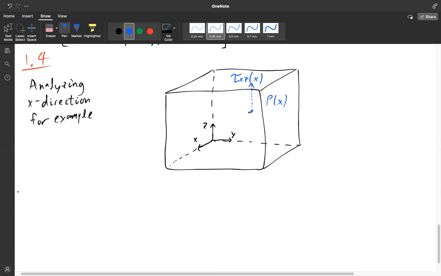This is sigma xx, the normal stress, on the x plane going in the x direction, and this will be evaluated at x. And then lastly, we have tau xy, so on the x plane, the shear stress is going in the y direction. We are evaluating this at x.